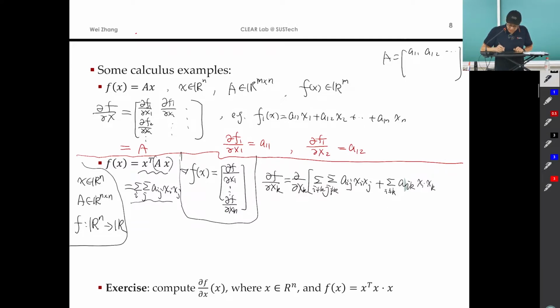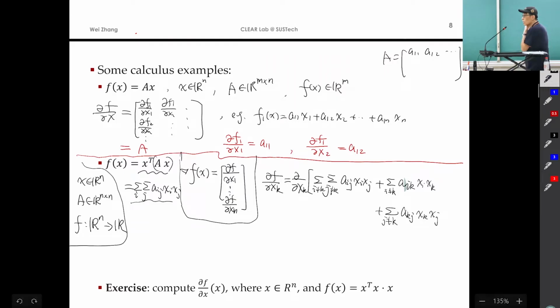Okay, and plus summation j not equal to k, but i equal to k, so it will be akj, xk, xj. Okay, and plus both of them are equal to k. So I think that's only one term. So that will be akk times xk squared.